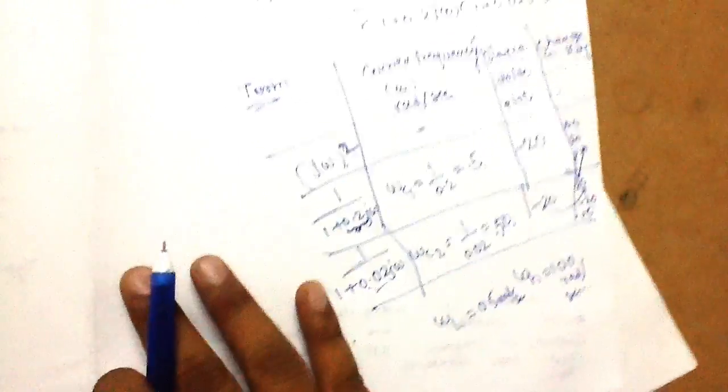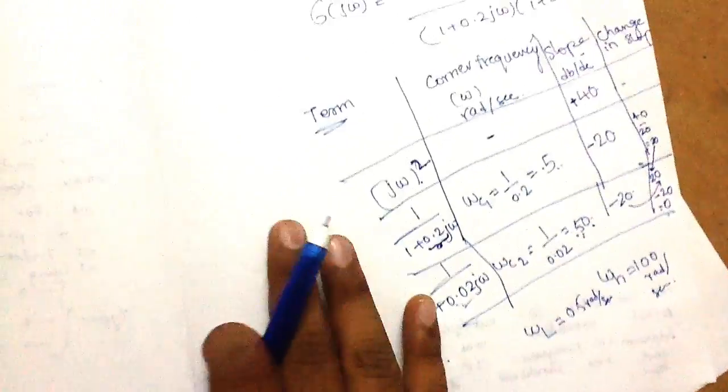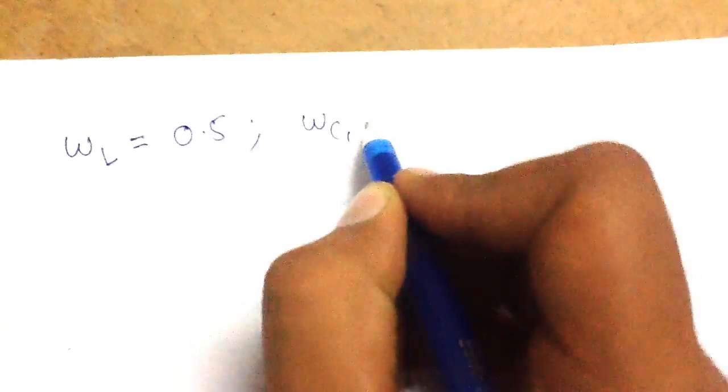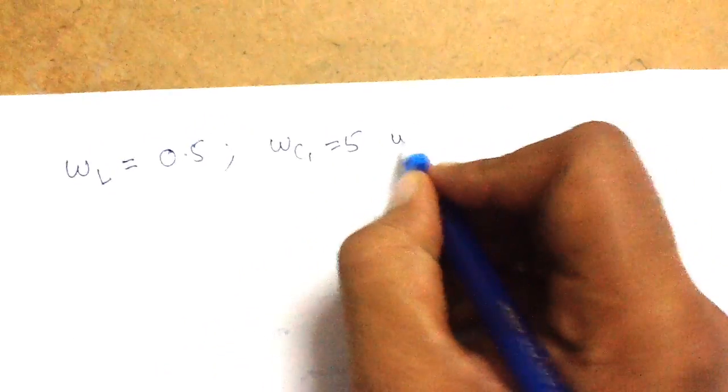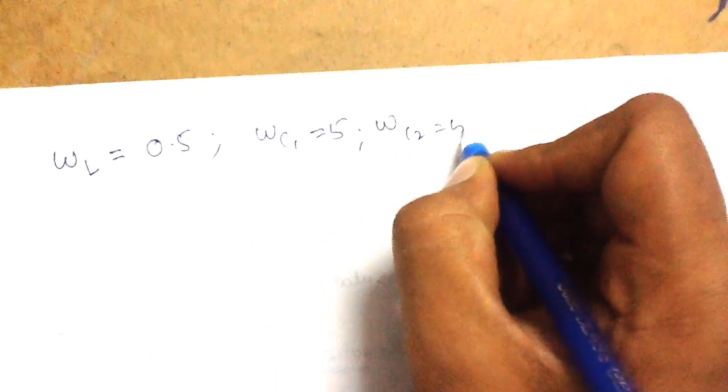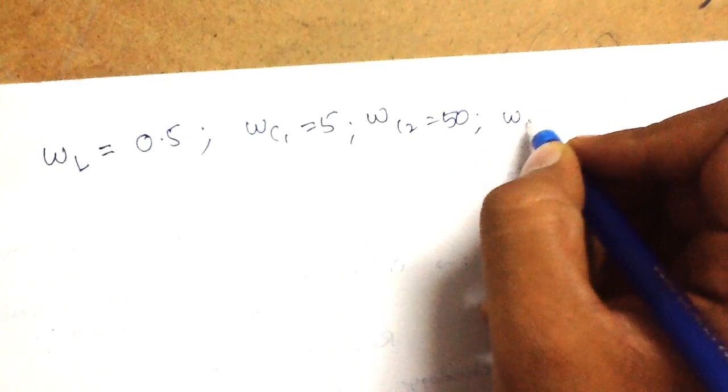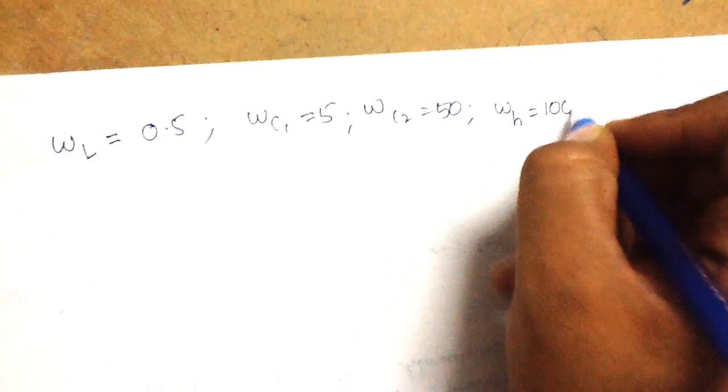And now we need to find out the magnitude at different omegas. So there is a formula for that. Now let me write down our different omega values. Omega L is 0.5, omega C1 is 5, omega C2 is 50, and omega H is 100.